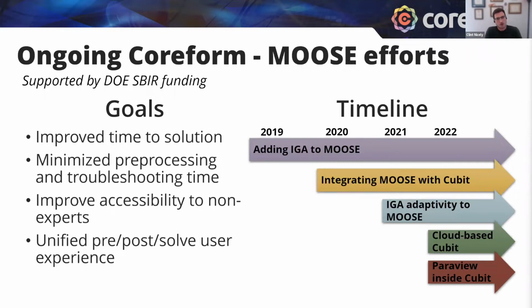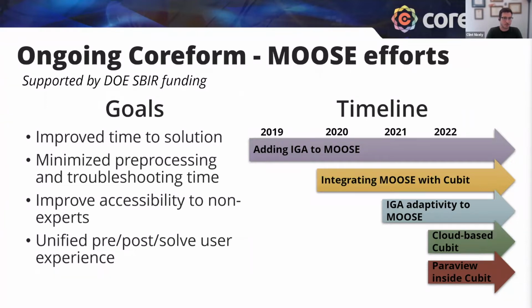So part of our ongoing efforts for Moose, we've been working with Moose and its community since before the 2020s. In 2019, we started adding IGA functionality to Moose.